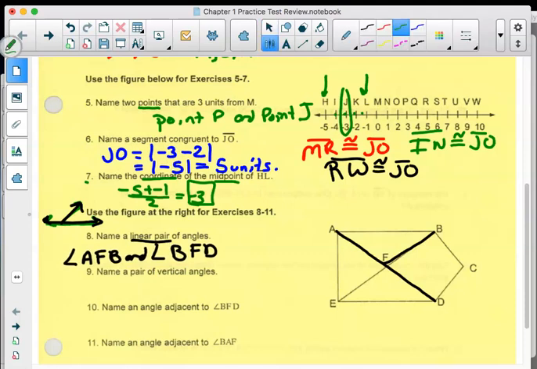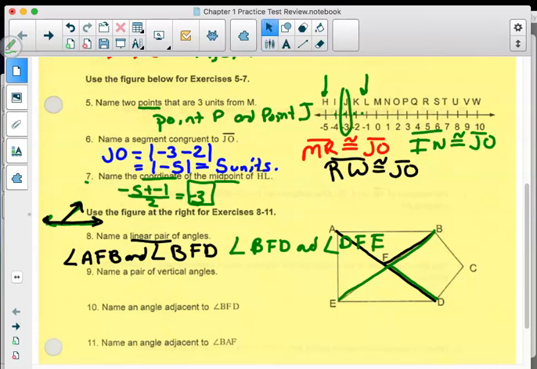Another possible linear pair is angle BFD and angle DFE. There are two more combinations of linear pairs in this diagram. If you have any questions about a linear pair, two angles that are adjacent and supplementary, making a straight angle, please ask your instructor.